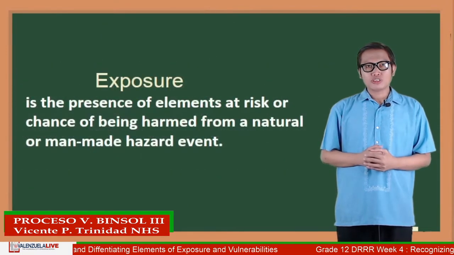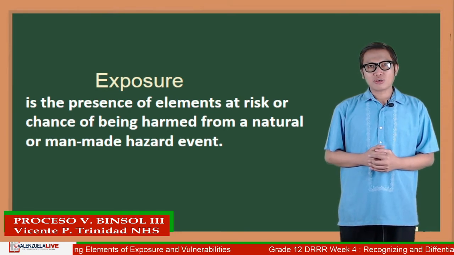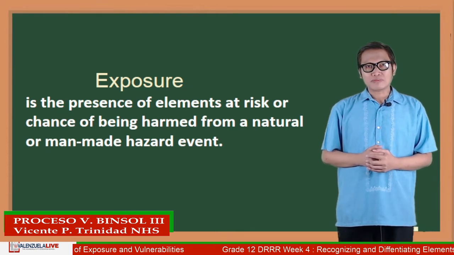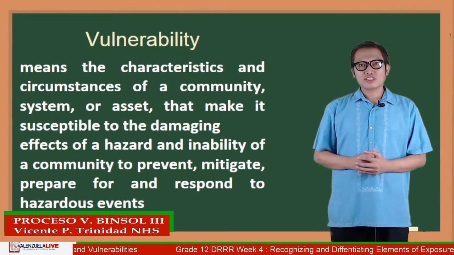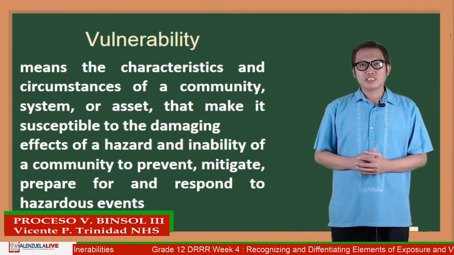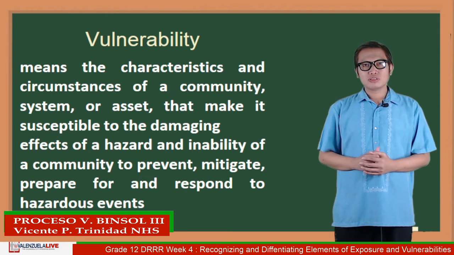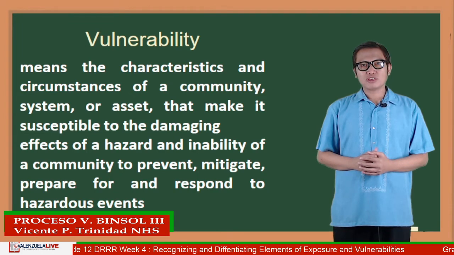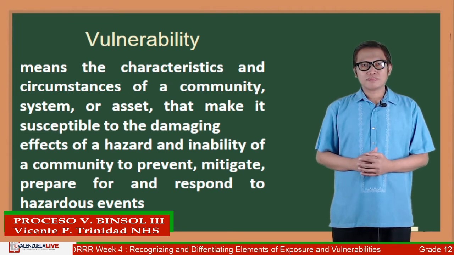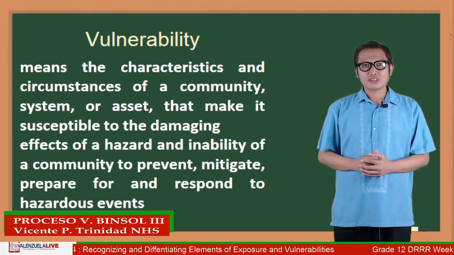Next, exposure is the presence of elements at risk or chance of being harmed from a natural or man-made hazard event. Next, vulnerability means the characteristics and circumstances of a community, system, or asset that make it susceptible to the damaging effects of a hazard, and the inability of a community to prevent, mitigate, prepare for, and respond to hazardous events.